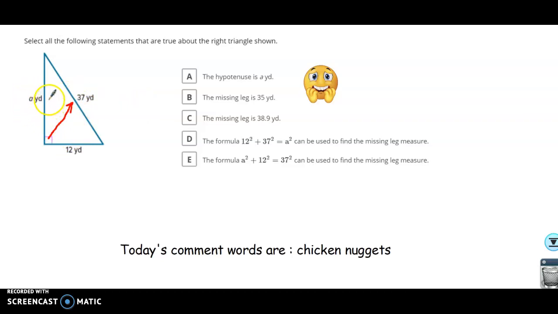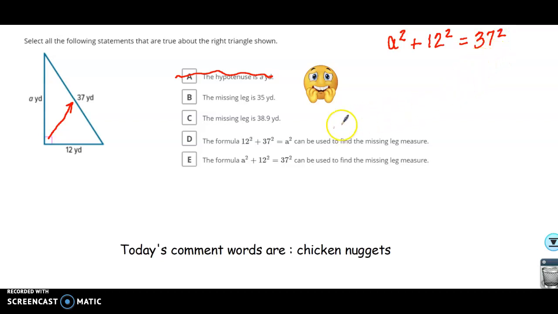A yards is one of the legs, so that is not correct. Okay. How would we solve this one? We really need to find out what that missing side is. Well, the missing side is a leg, so you would have a squared plus, where's the other leg? Remember, it's the side that makes the right angle, so that would be 12 squared equals 37 squared.